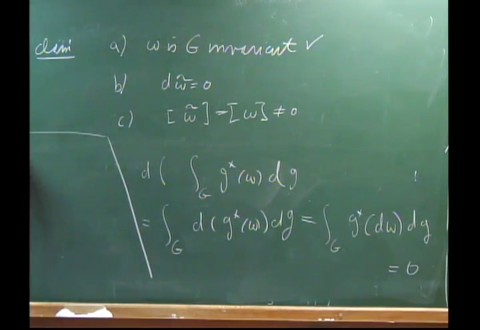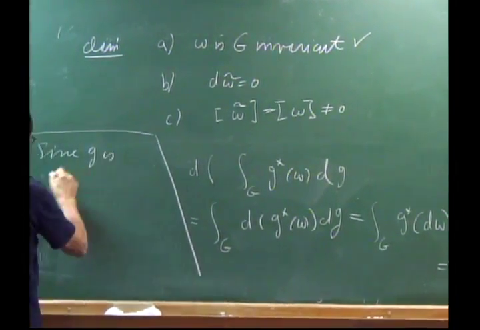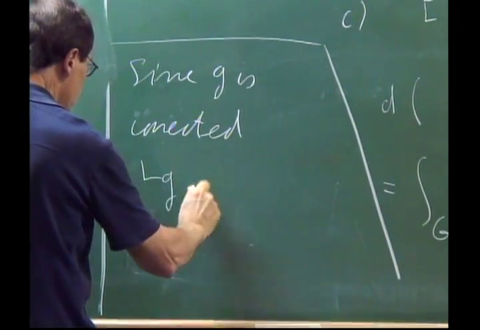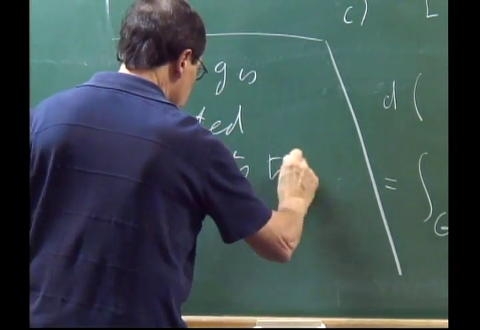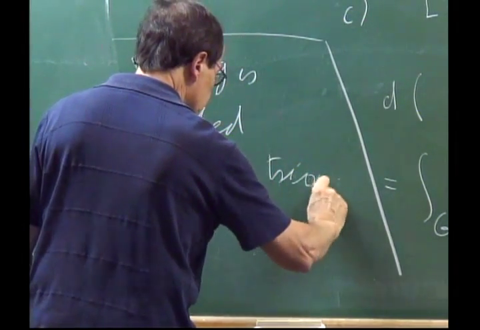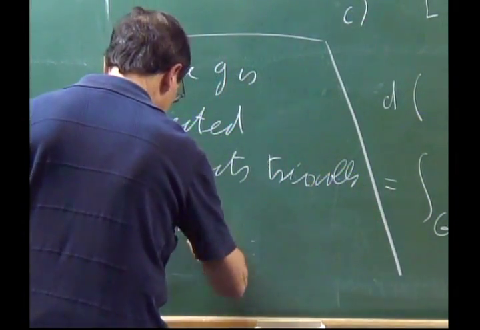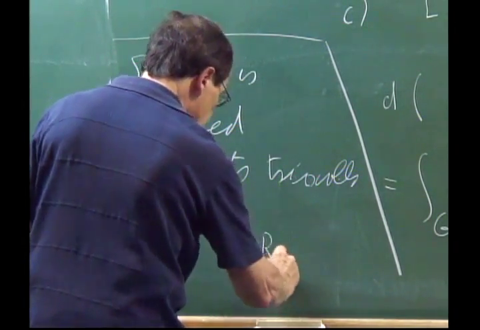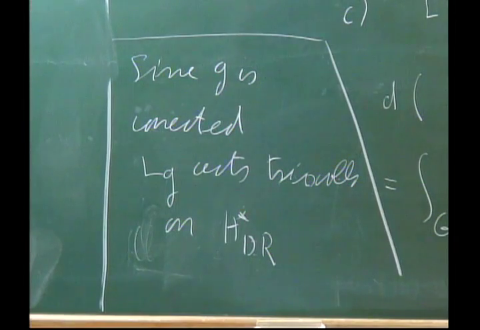Notice that since G is connected, left translation by G acts trivially on de Rham cohomology. They're all homotopic to the identity because G is connected. So it means the action on the de Rham cohomology must be trivial.